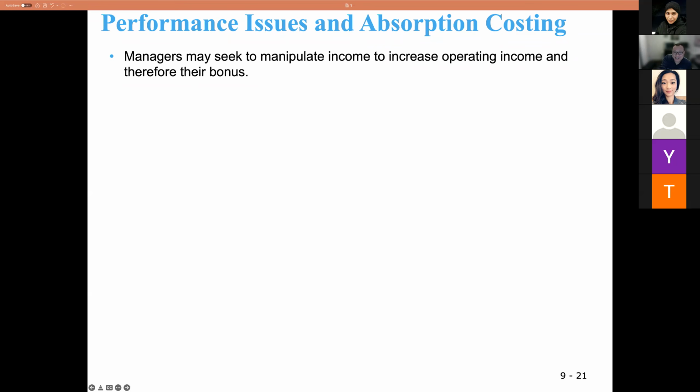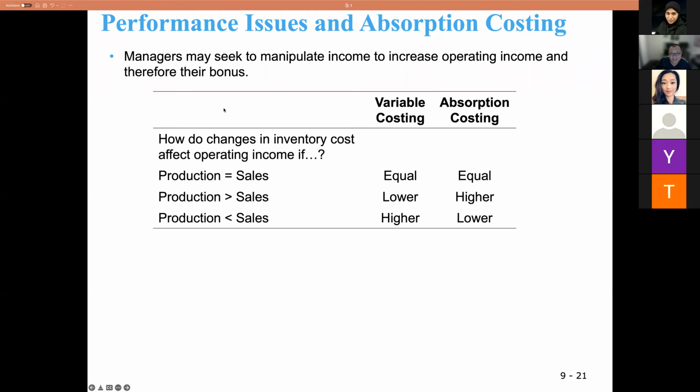So we just did this one, right? We talked about which method we are using for IFRS and the US standards.